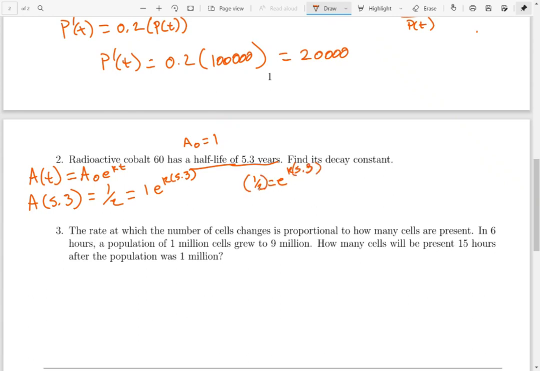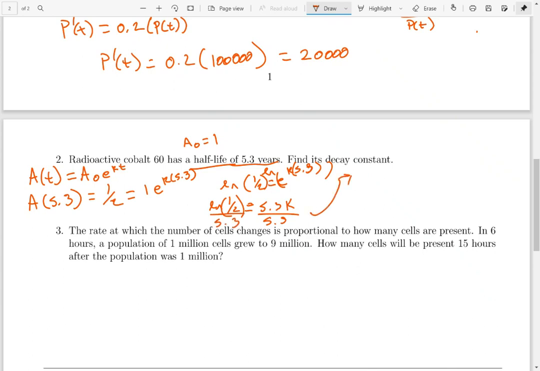I can take the natural log of both sides. That's going to give me the natural log of 1/2 is equal to the natural log of e to the k times 5.3. We're just going to be left with 5.3 times k. And so now I can divide by 5.3, divide by 5.3.